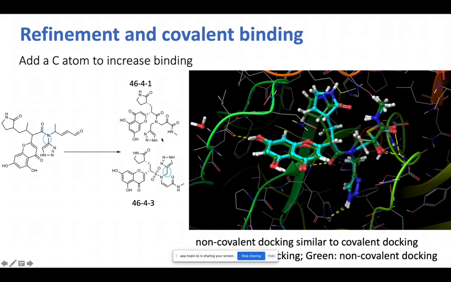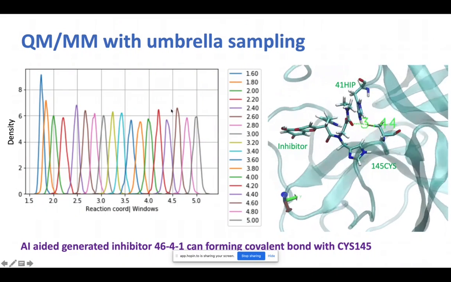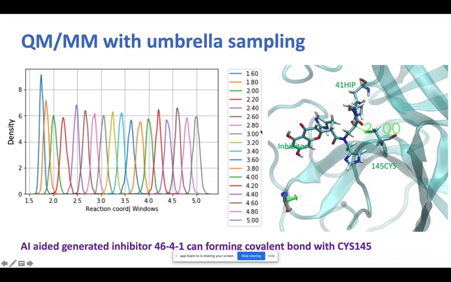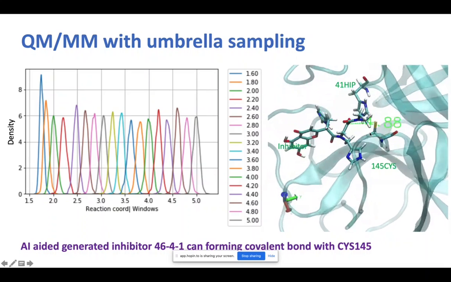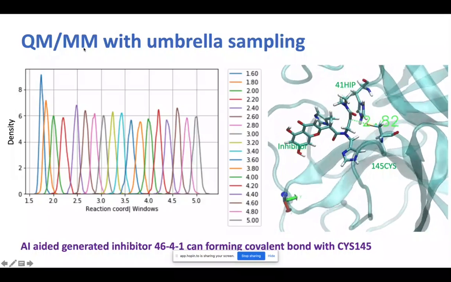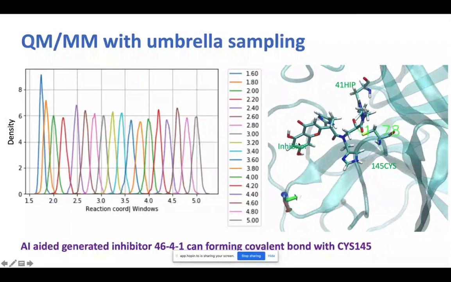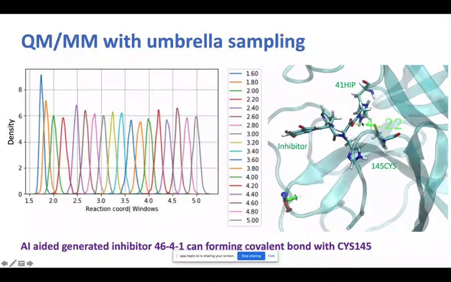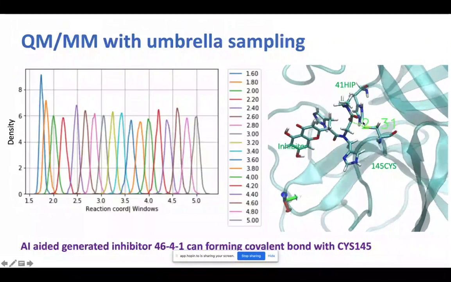One thing, for example, we do here, in order to have a better placement or orientation, is we add one carbon on top of this. So we do this small adjustment to make sure it binds better and has more chance to form this bond interaction. We also make sure that at the quantum mechanical level, it can form a strong bond interaction. So we perform this QM/MM umbrella sampling on this molecular dynamics trajectory to make sure that they have a very good chance to form a bond interaction.